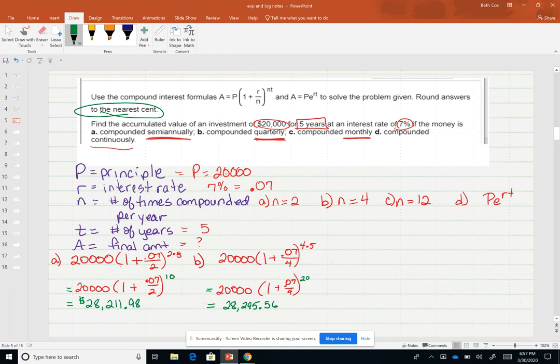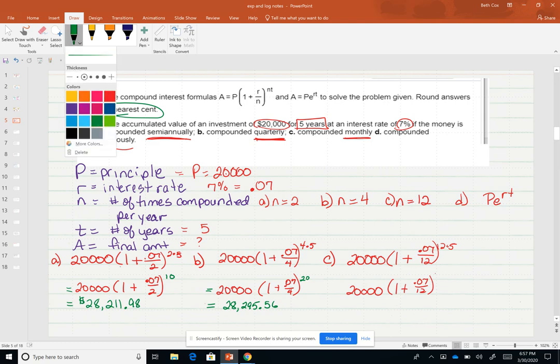All right. Try C by yourself. Stop the video and see if you can do C by itself. And then start it back up and see if you get what I get. It's 20,000 times 1 plus 0.07 over 12, to the 12 times 5, and it would be to the 60th power this time.